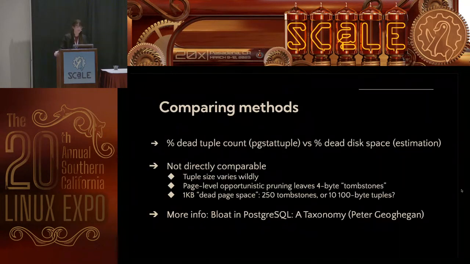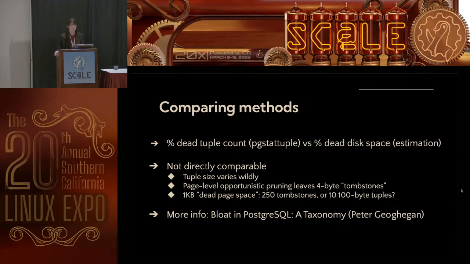If you compare these two methods, you may have noticed that they're actually not very comparable. With the first one, pgstattuple, you're getting real numbers: the percentage of dead tuple count. What number of my tuples are dead? Versus the secondary, where you're looking at disk space: what percentage of my disk space is held by dead tuples?